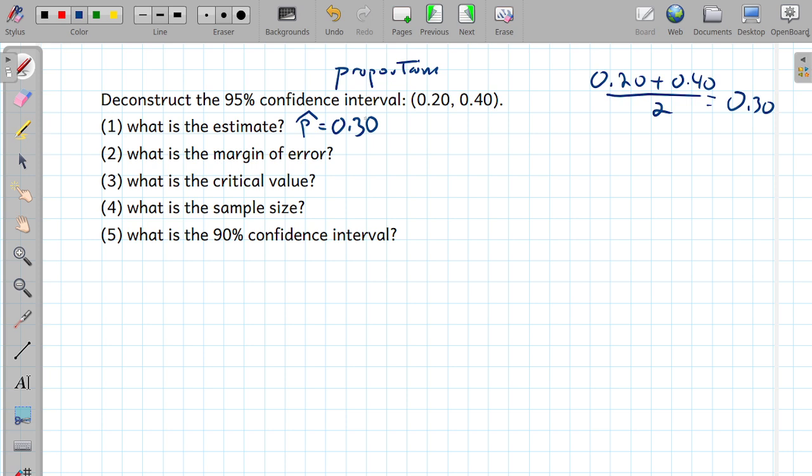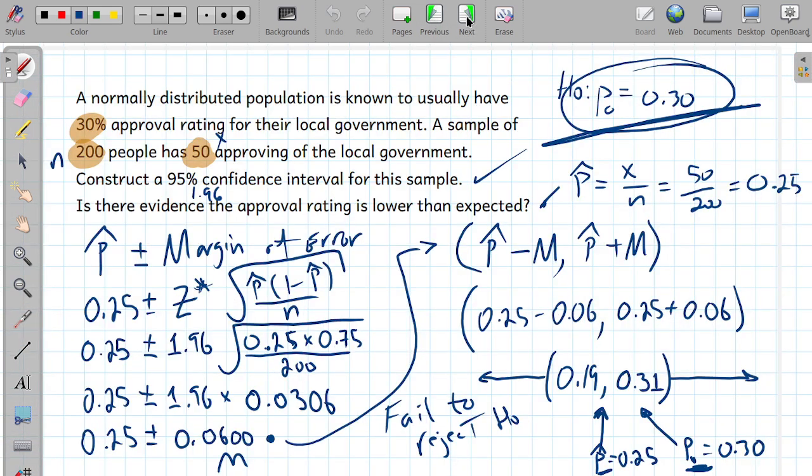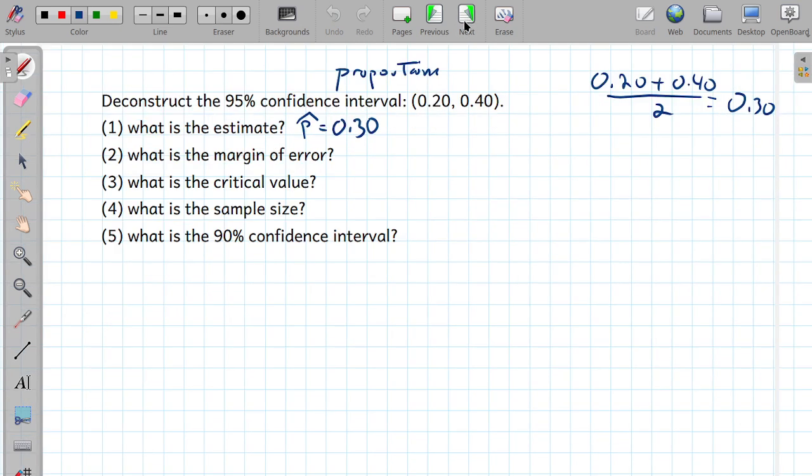Now what's the margin of error? Recall from an earlier slide, I told you that the margin of error is what you add and subtract from the estimate. So if you keep that in mind, we can answer this question. If I know that p hat is dead center at 0.30, what did I add to that to get 0.4?